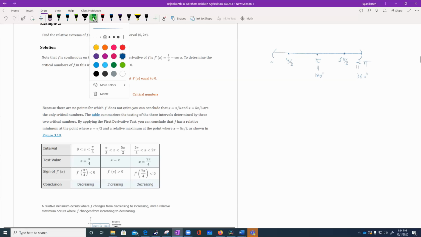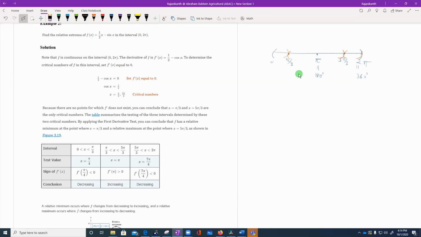Now your task is to divide the entire interval into subintervals throughout those critical points. So you only have to split the entire interval by using the critical values. Therefore, the entire interval 0 to 2 pi is now split into 1, 2, 3 pieces. This is my first interval, this is my second interval, and this is my third interval.